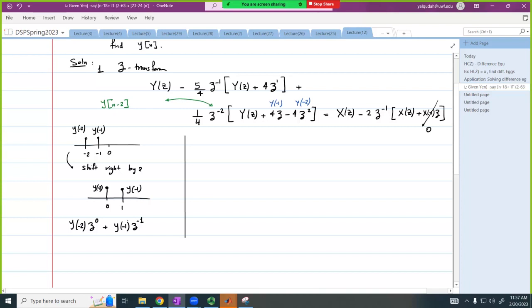Now if I compare what I got here to what I got here, I got z to -2 multiplied by y of -1 times z, which is y at -1 multiplied by z to -1, and y at -2 multiplied by z to 0. Makes sense?